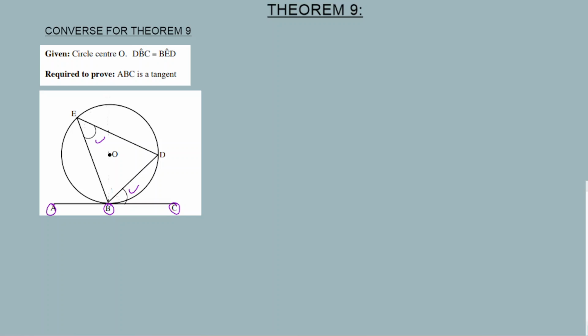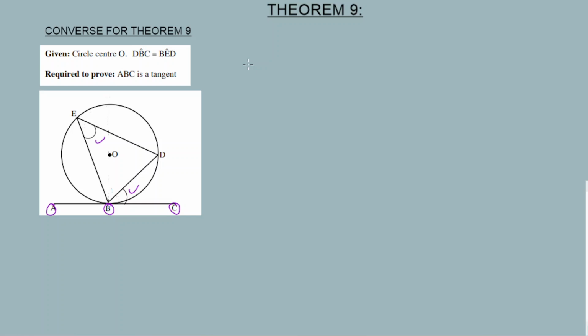You will find it very useful, especially when doing riders where you are required to prove that such and such a line is a tangent. We will get to those questions as well. Now we want to prove that this is a tangent.